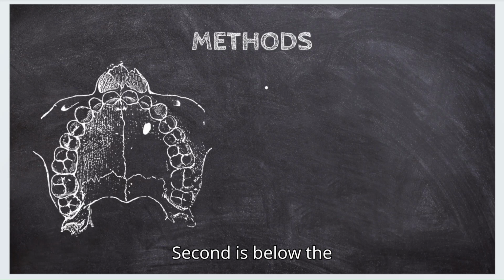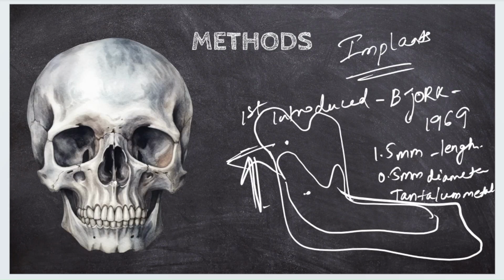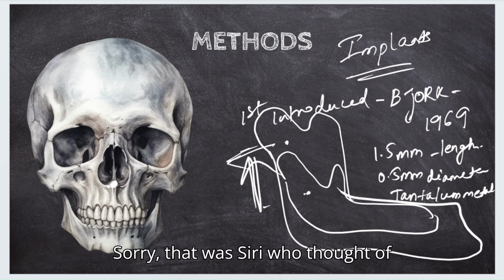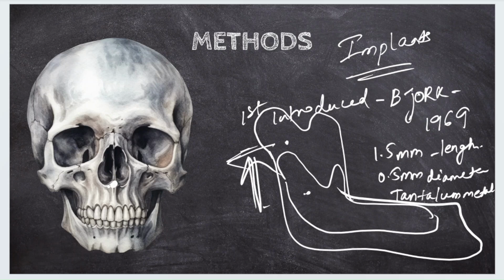Second is below the anterior nasal spine. This is the ANS, right? This is the anterior nasal spine. One just below it. Here. Okay.